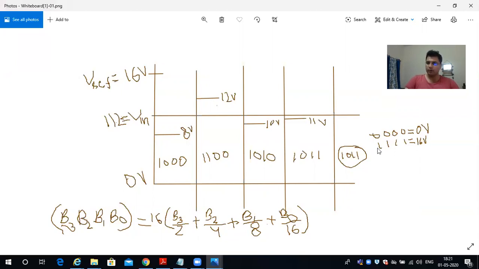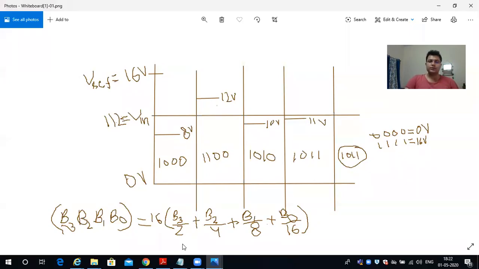If you just check it for 1, 1, 1, 1, just 1 by 2, 1 by 4, 1 by 8, 1 by 16, this will give you the value 16.